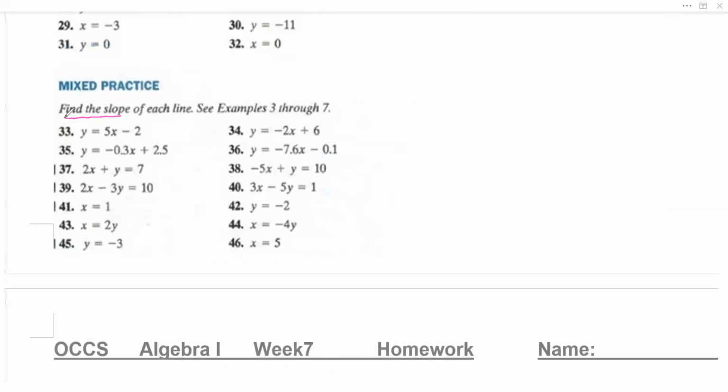Find the slope of each line. Slope. Okay. So we need to do a proper transform, right? So equal y. Make sure the left side is y and the right side is like this. So we can read the slope out of here quickly. If they are ax plus by equals c, we need a proper transform. So this one actually we did before, right?